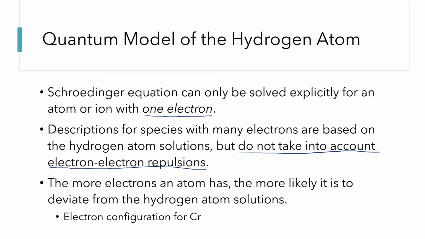And so the more electrons an atom has, the more likely it is to deviate from these hydrogen atom solutions. You're going to see some weird things happening, like when we develop the electron configuration for chromium, we're going to discover it doesn't match the pattern that we develop, and that is simply due to these electron-electron repulsions.